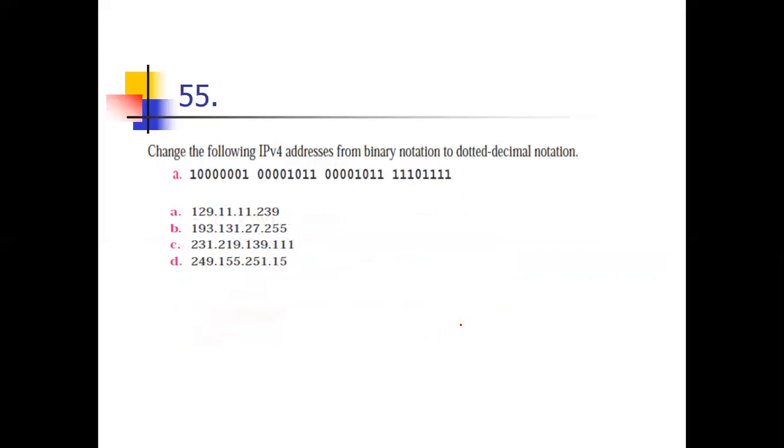Okay. Now, the following IPv4 addresses you have to convert from binary to dotted decimal. So the place values are 1, 2, 4, 8, 16, 32, 64, 128. So 128 plus 1 is 129. See, out of 4 options, only the first option has 129 at the start.